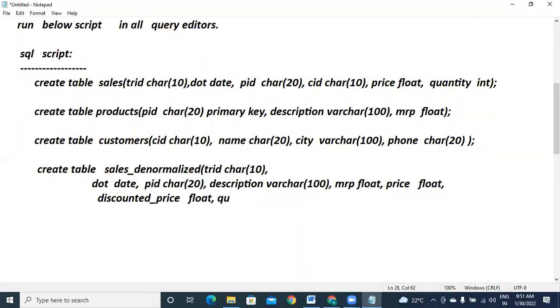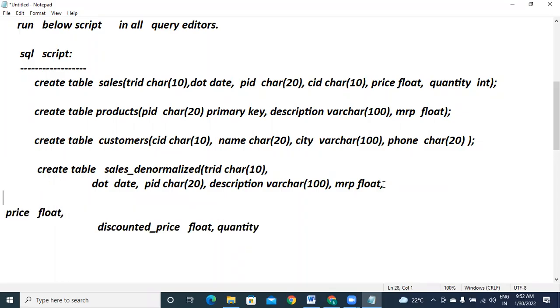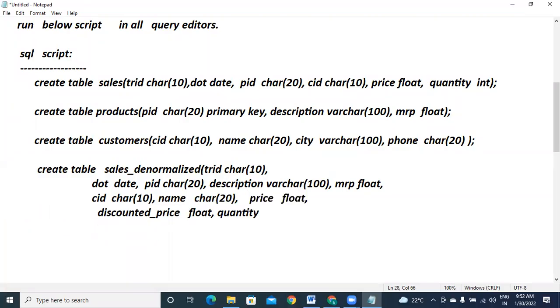And quantity. After MRP, I am giving customer ID. The customer ID is varchar of 10. And name of the customer varchar of 20. At what price he purchased the product, that is price.